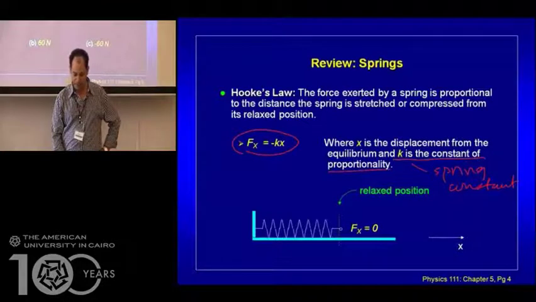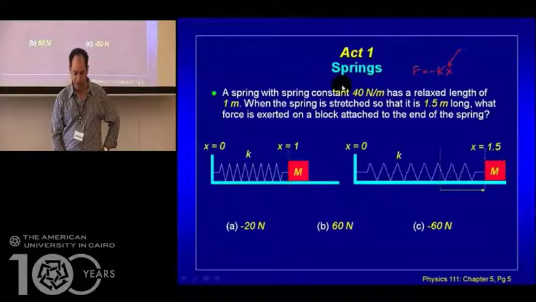And this is a simple example. If you have a spring that has a force constant K, and we pull it to a distance from its equilibrium position equal to 1.5 meters, and you know that the spring constant is 40 Newton per meter, can you calculate the restoring force on the spring?